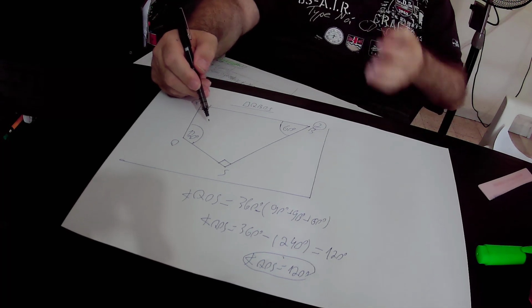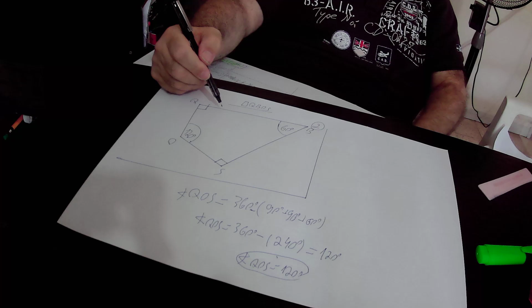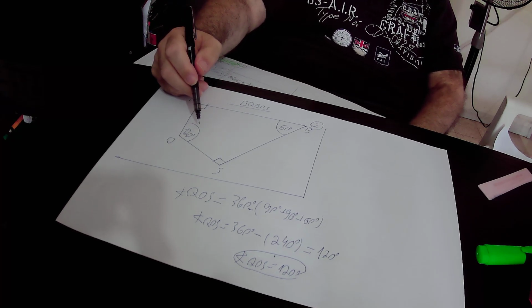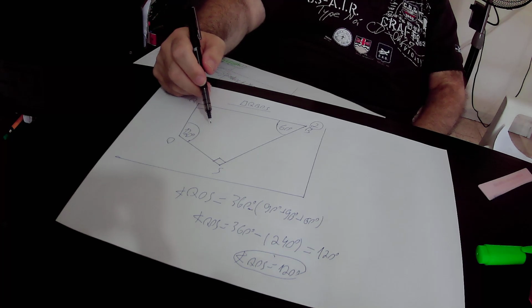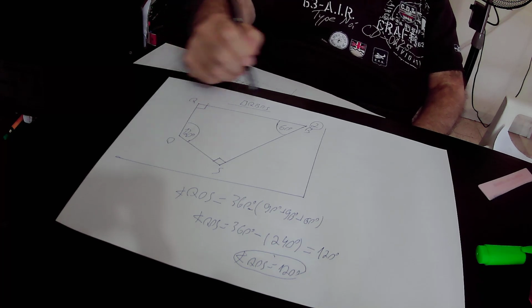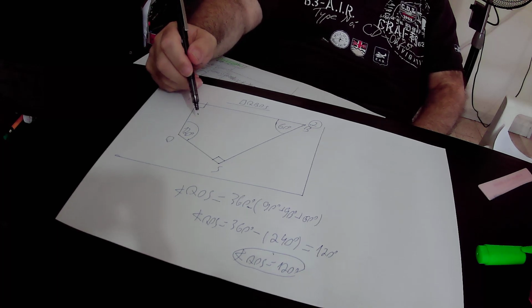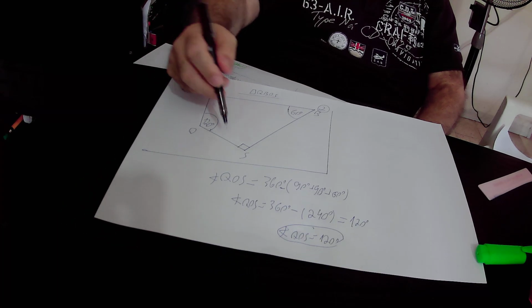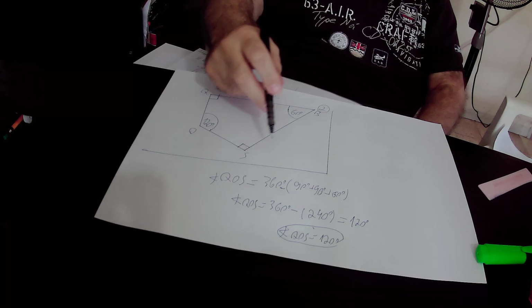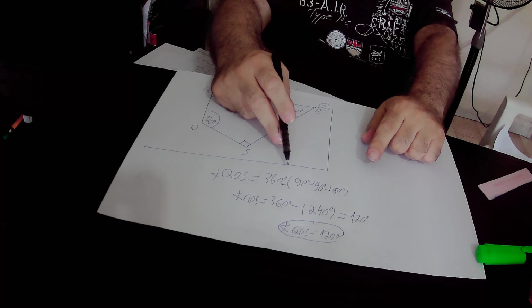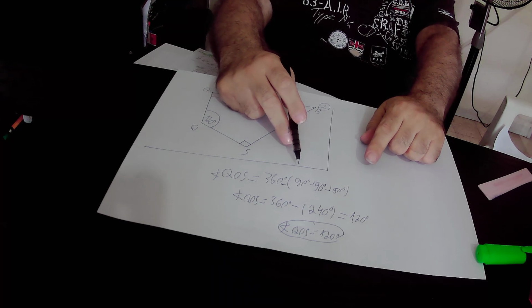We know that the sum of the angles in quadrangle QBOS is 360 degrees. So 360 degrees minus the sum of those three angles must be equal to the size of the fourth angle. That is to say, the missing angle SOQ must be equal to 360 degrees minus the sum of the three known angles.